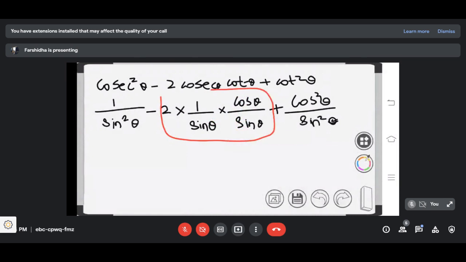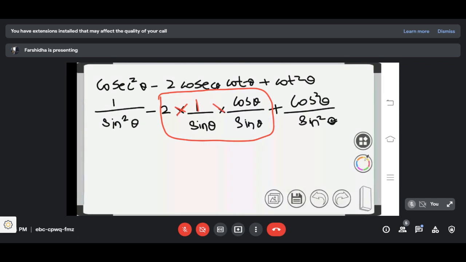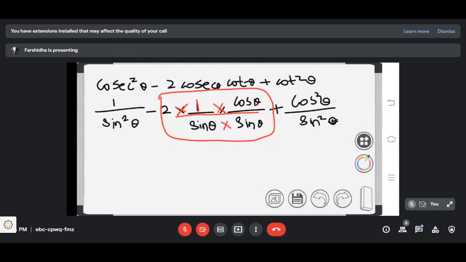Since these three terms are multiplication, I can write it together. 2 into 1 by sine theta into cos theta by sine theta, I can write as 2 cos theta by sine square theta. I'm multiplying everything: 2 into 1, 2 into cos theta, 2 cos theta divided by the denominator, sine theta into sine theta, sine square theta.